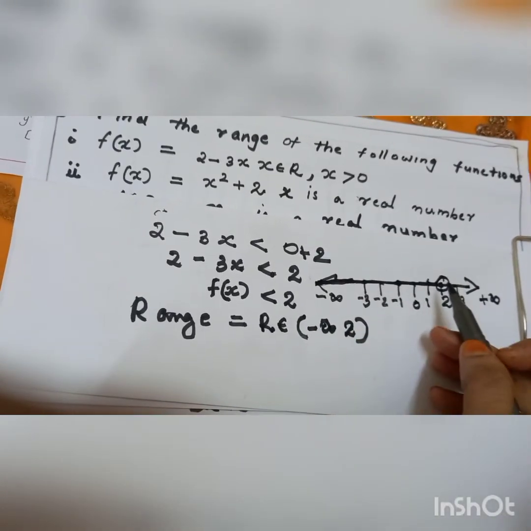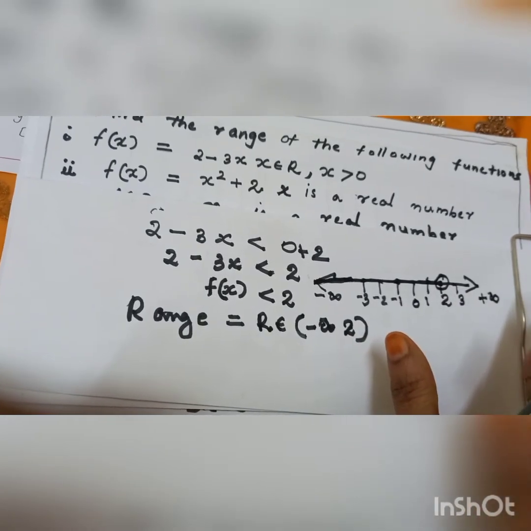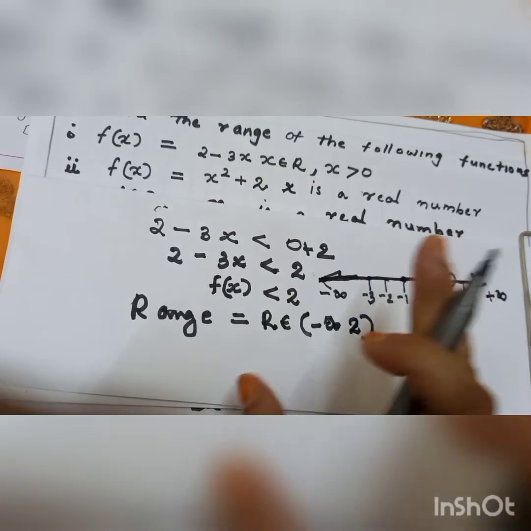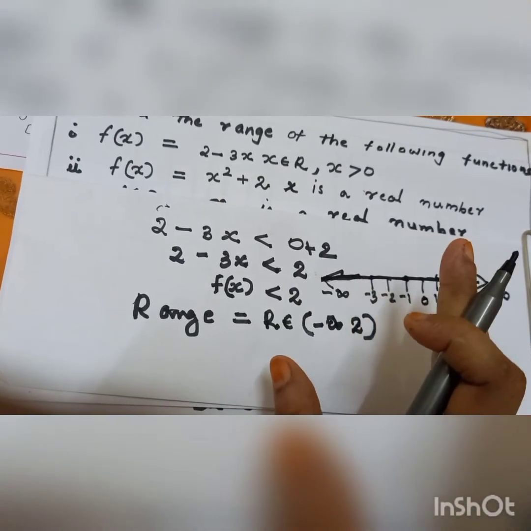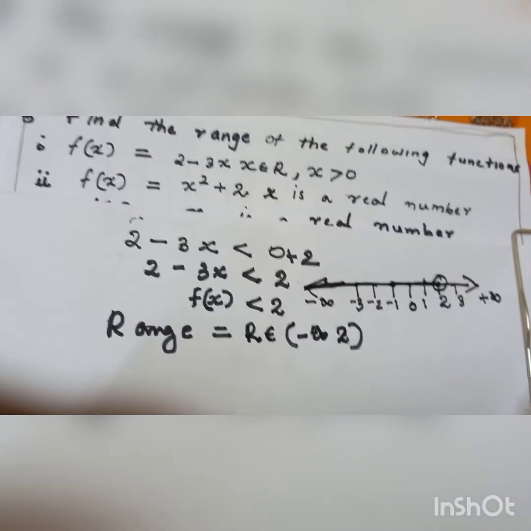So 2 is an open bracket because 2 we are not taking. All the values less than 2, up to minus infinity, we are taking. Is it clear for you?